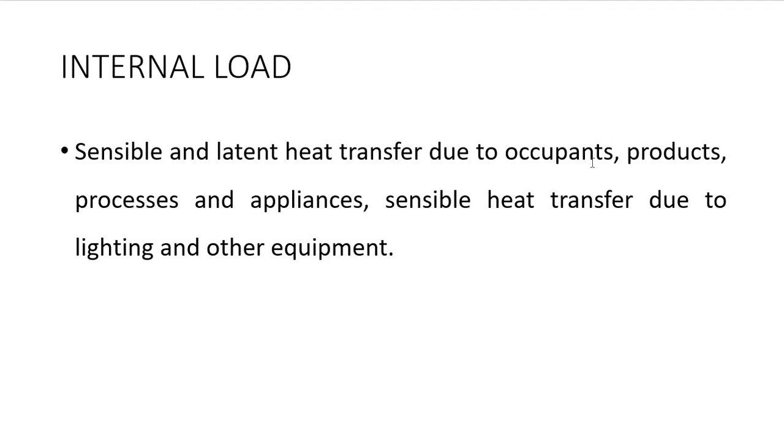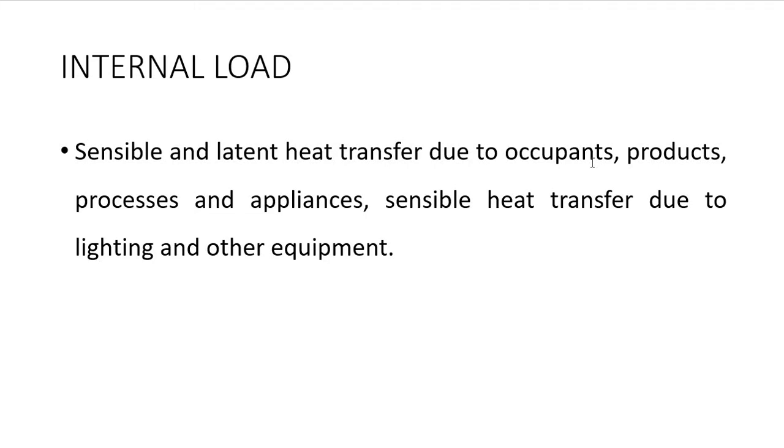So there will be some occupants in the case of a domestic air conditioning system as well as air conditioning systems for theaters, auditoriums, seminar halls, hospitals. So we know that every individual, every human being, is like a heat generating machine.